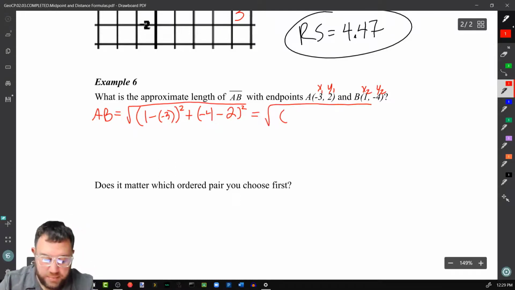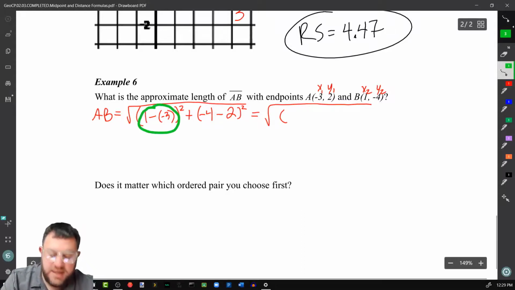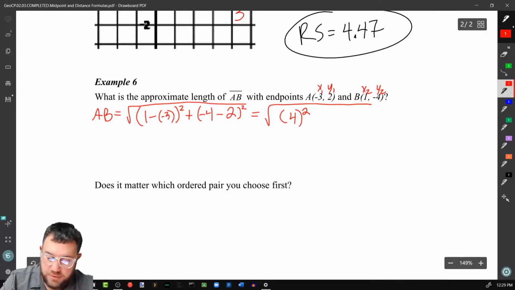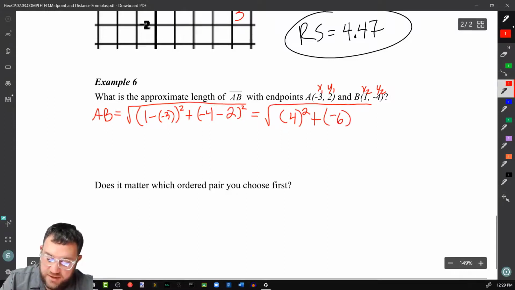So inside our parentheses, we'll do 1 minus negative 3. Well, 1 minus negative 3 is the same as 1 plus 3, so that will be 4. On the other parenthesis, we've got negative 4 minus 2, and that's going to give us negative 6.